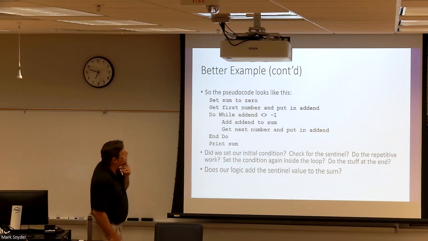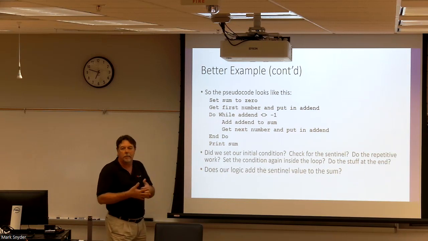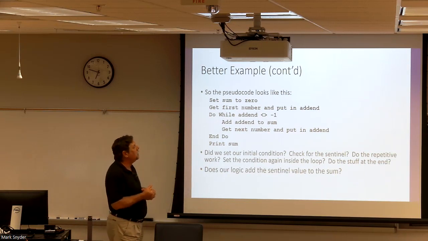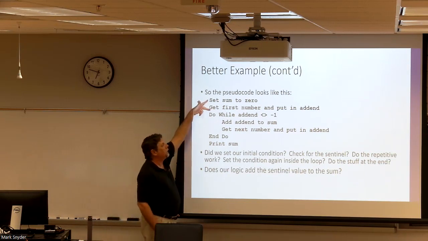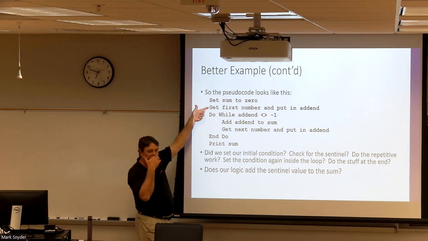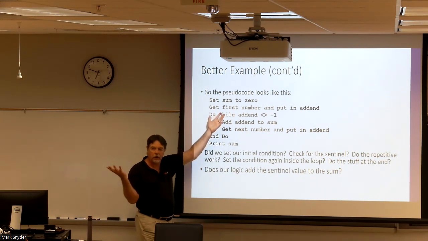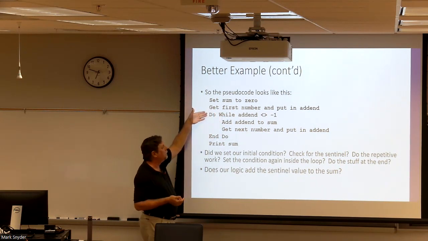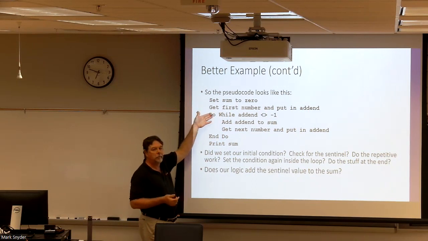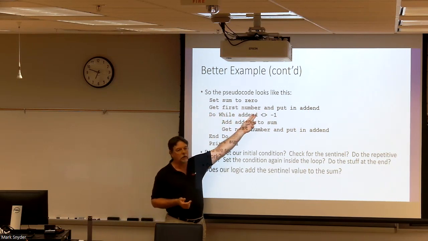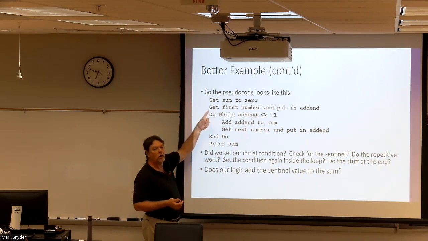So with this problem, here's an example of what my pseudocode might look like. Initial conditions: set my sum to 0, get the first number, put it into my variable, and now I'm ready to go. While my variable is not my sentinel, I'm going to start looping.